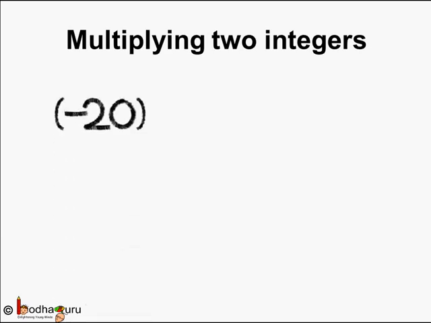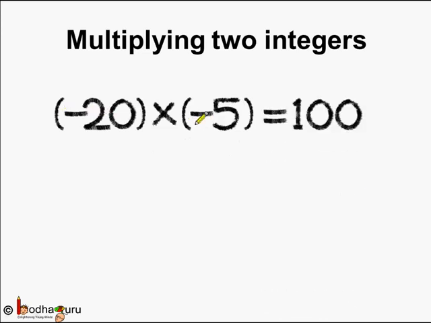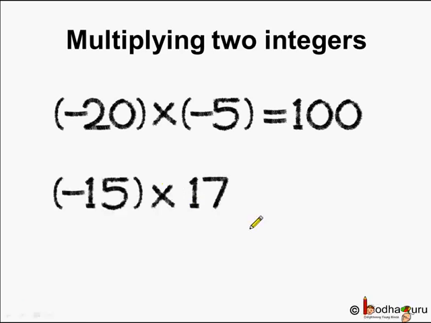That is, rational numbers are closed under subtraction. What happens when we multiply two integers? Minus 20 multiplied by minus 5. Here, minus minus becomes plus, and the answer is 20 multiplied by 5, which is 100. So the answer is plus 100, or just 100 you can say.